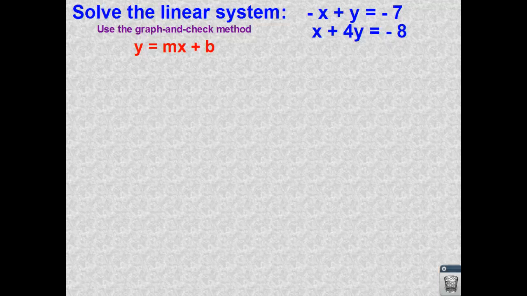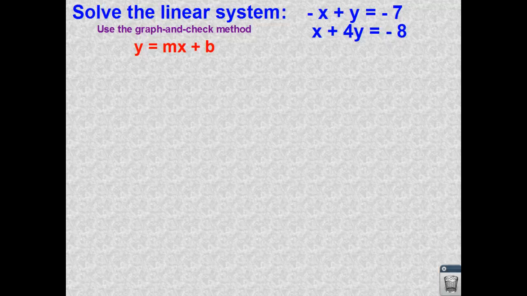So first, we need to use the graph and check method. So we're going to put our two equations into slope-intercept form. And if you recall from video 1, we spent the entire time trying to convert this standard form into slope-intercept form, which is a little bit easier to graph from y equals mx plus b.